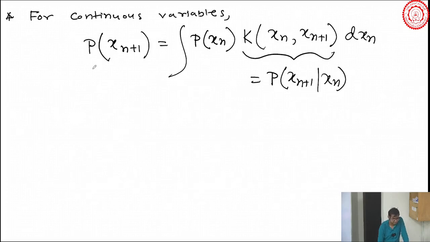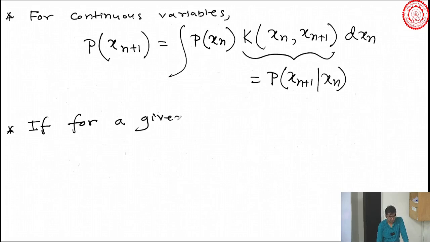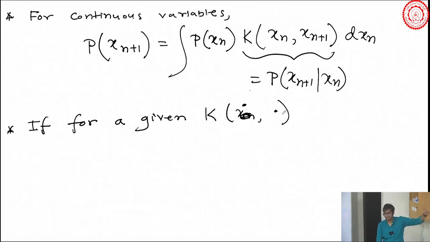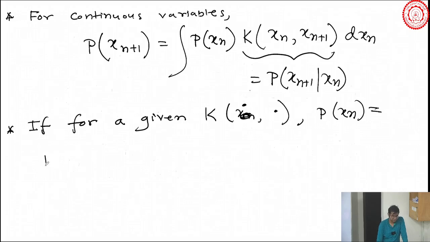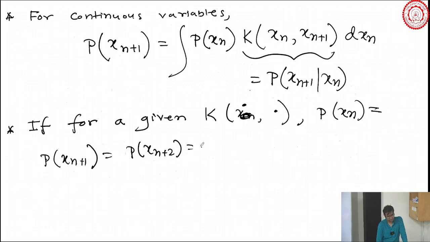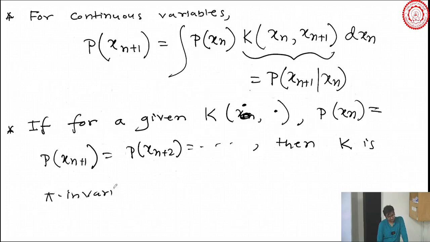So if for a given K, P(xn) = P(xn+1) = P(xn+2), then K is pi invariant.